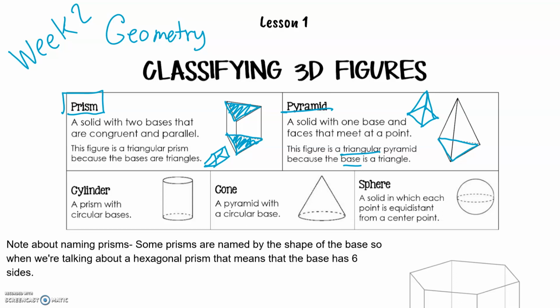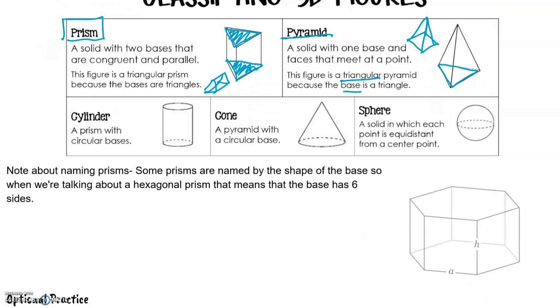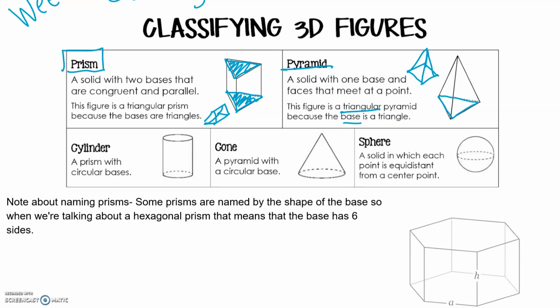Let's go ahead and take a look at the next one. So with cylinders, we wouldn't call this a circle prism. That just sounds silly. So cylinders do get a special name, and it's just a prism with a circular base. With cones, we have a pyramid with a circular base, so we're going to have a cone, just like an upside down ice cream cone.